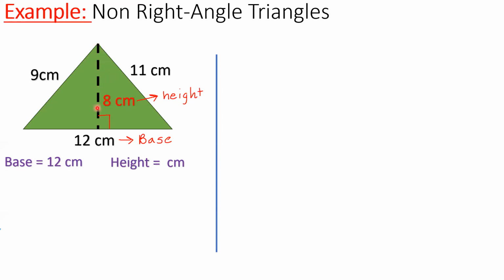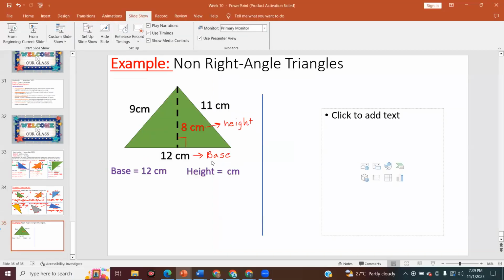But now that I put 8 as the distance of this line, that means 8 centimeters is the height. It's not 9, it's not 11, it's 8, because 8 is the perpendicular line relative to the base. So it forms a right angle with the base. So the answer for the height is 8 centimeters.